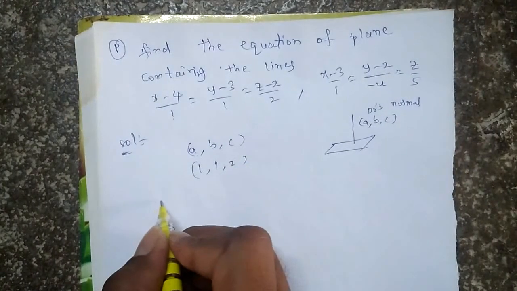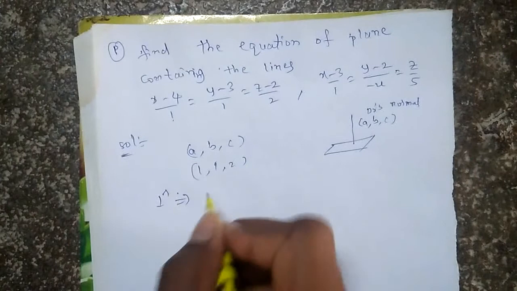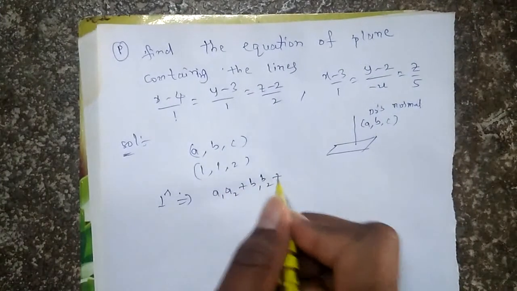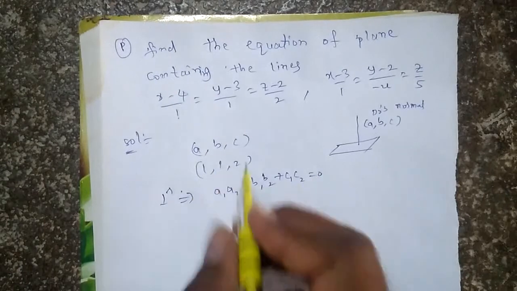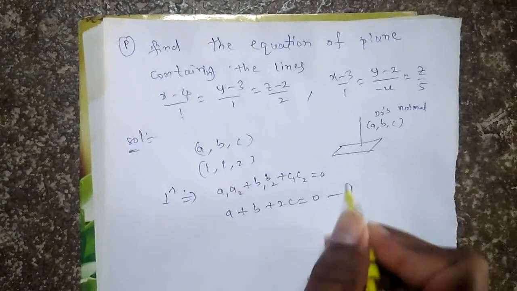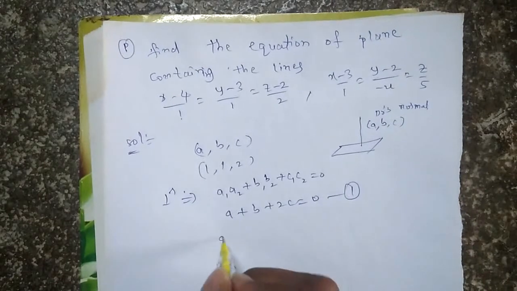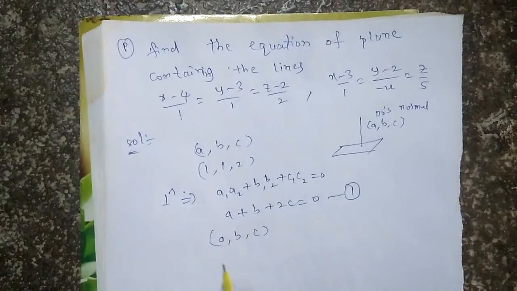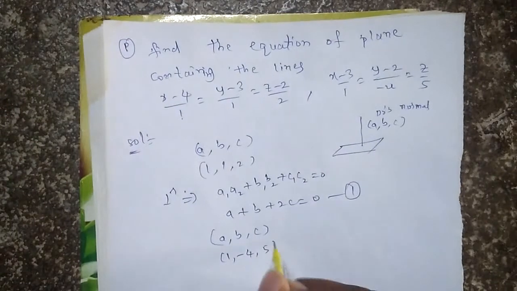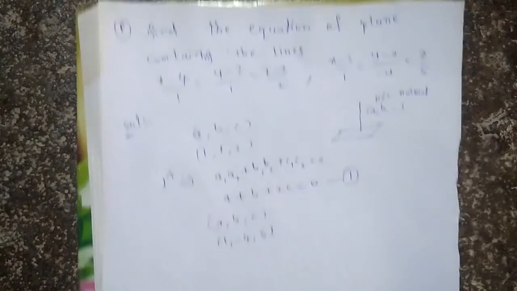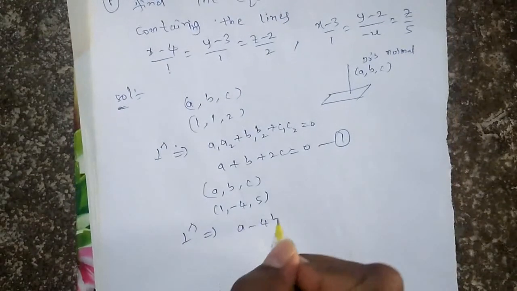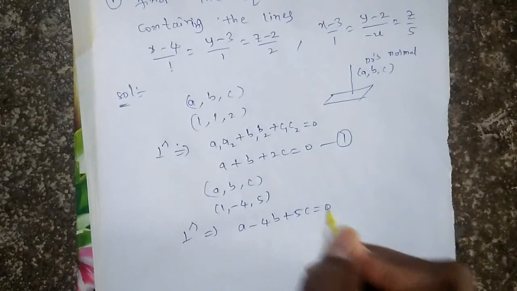Perpendicular means a1 a2 plus b1 b2 plus c1 c2 is equal to 0. Apply the condition here: a plus b plus 2c is equal to 0. This is equation 1. Similarly, these are the DRs of the normal, and the DRs of the second line are 1, minus 4, 5. Here also apply the perpendicular condition: a minus 4b plus 5c is equal to 0.